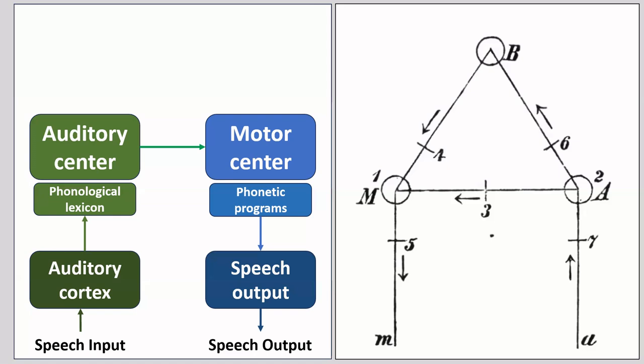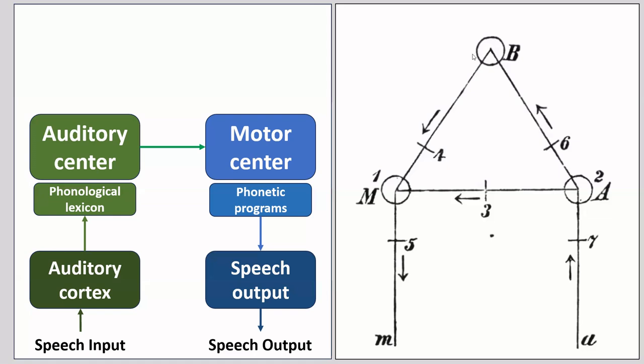Now the meaning is not located in the auditory center or in the motor center. No, it's located in cortical areas around it. Lichtheim didn't specify this. He believed it could be quite elaborate cortical regions, and in that regard, he was not a strict locationist, to be honest.